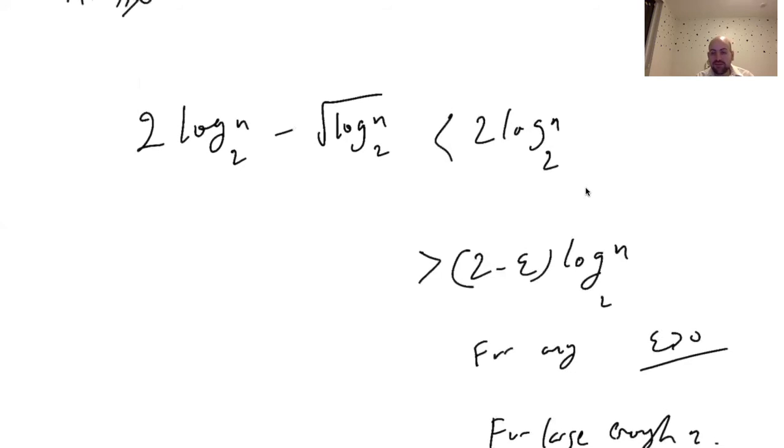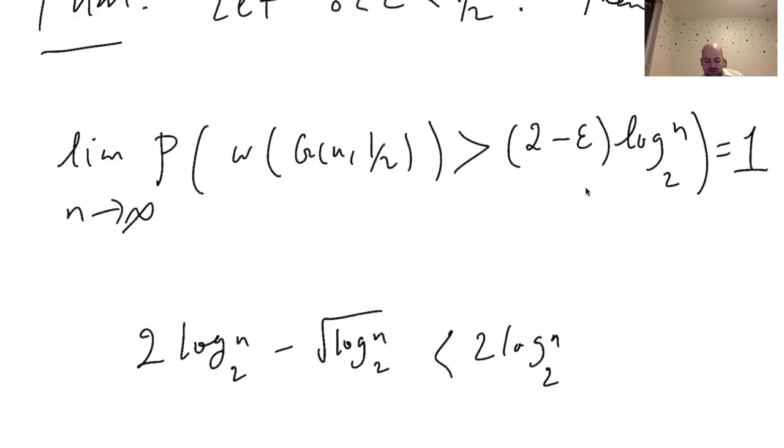So, for example, the clique number could be 2 log n minus root log n, because it satisfies both conditions. This is, of course, one possibility. So there are functions satisfying these two conditions.